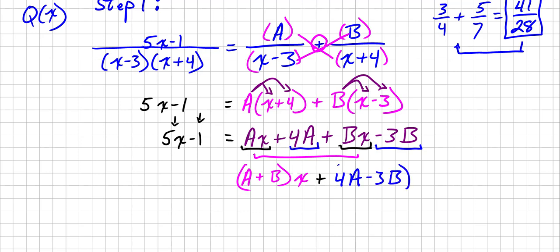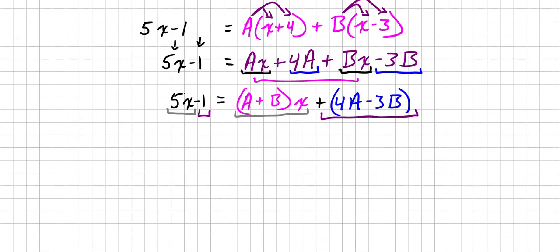I'm going to offset it with parentheses right now, keeping in mind that it's 5x - 1. Now you'll notice that I have the variable terms here, and those are equal to each other, and the constant terms here, and they are equal to each other. I'm going to start with the coefficient of x and set that equal to the coefficient of x.